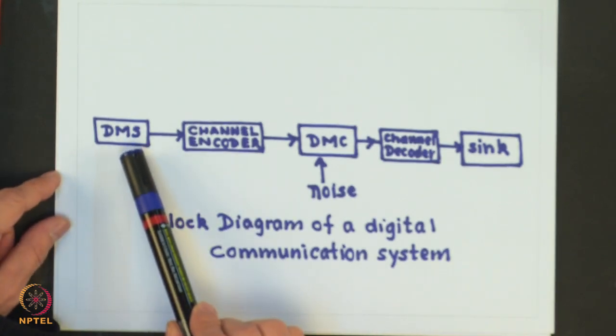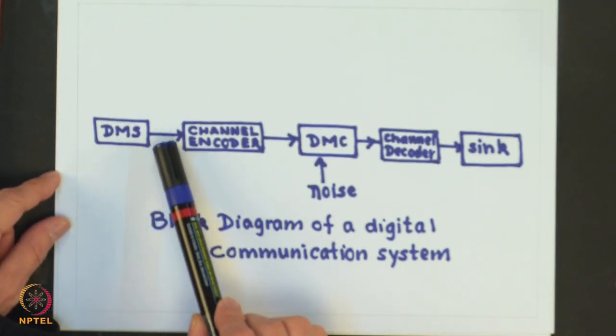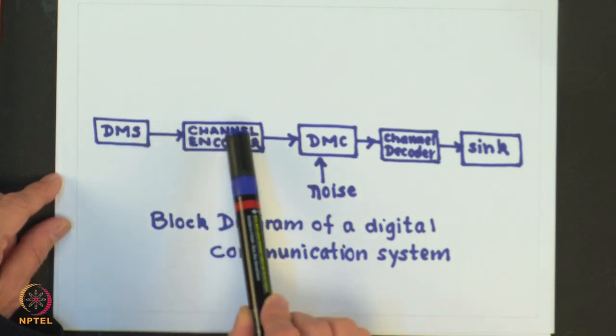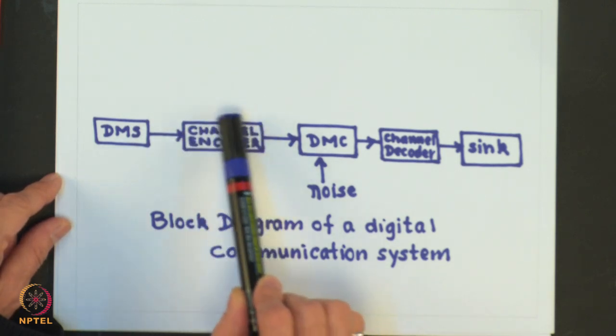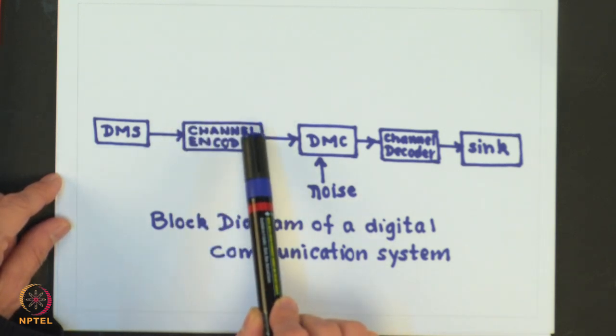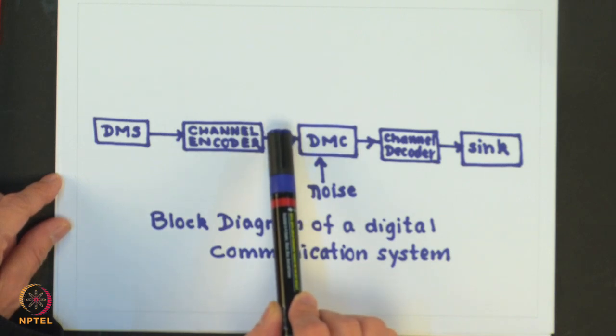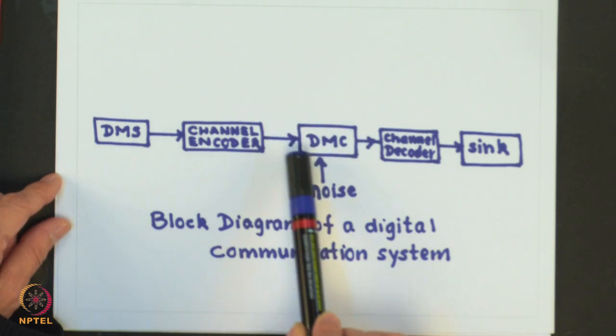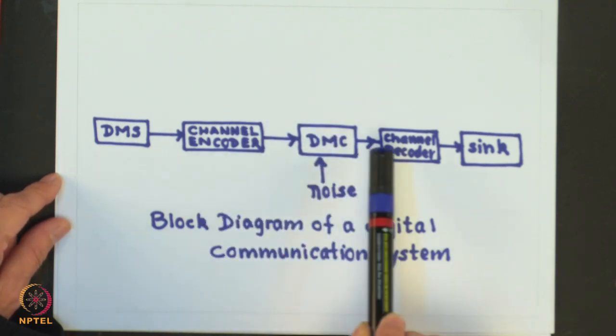In a practical scenario, this would be followed by a source encoder, but for the sake of simplicity, we have not shown that source encoder, and then the output would go to the channel encoder, and then the output of the channel encoder goes to a discrete memoryless channel.